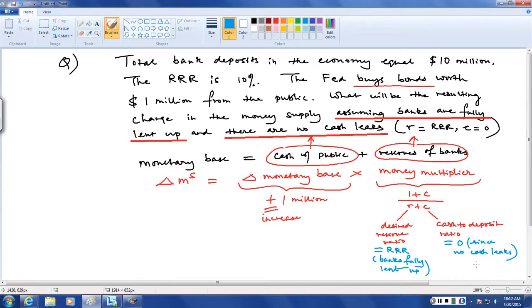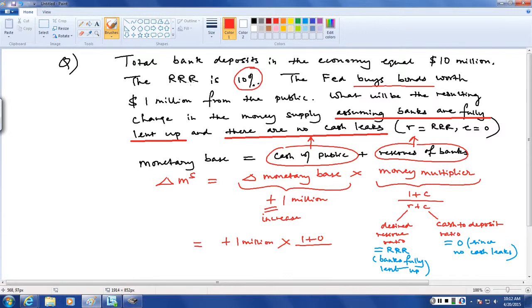Right, so we know what this whole thing is going to boil down to then, correct? So this can then be worked out as plus 1 million times 1 plus 0 divided by, what's the desired reserve ratio? It's equal to the required reserve ratio in this case. And the required reserve ratio is how much?